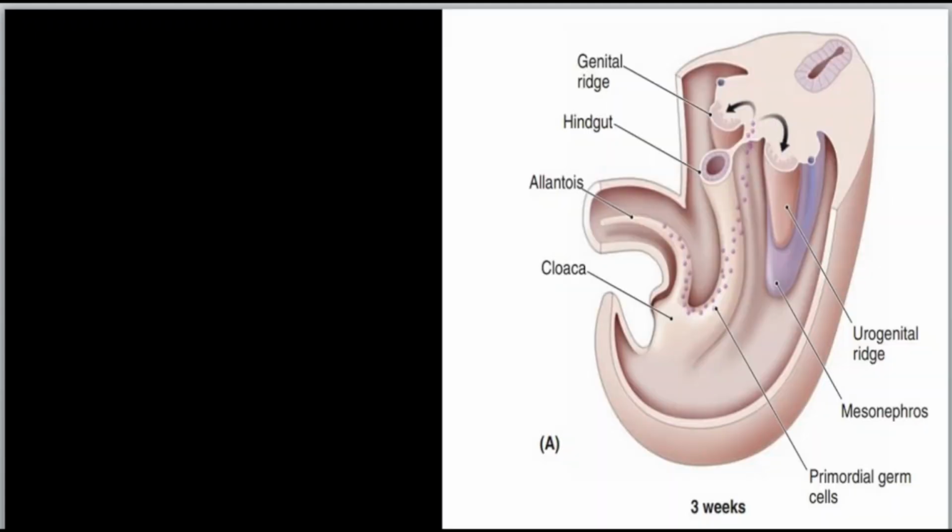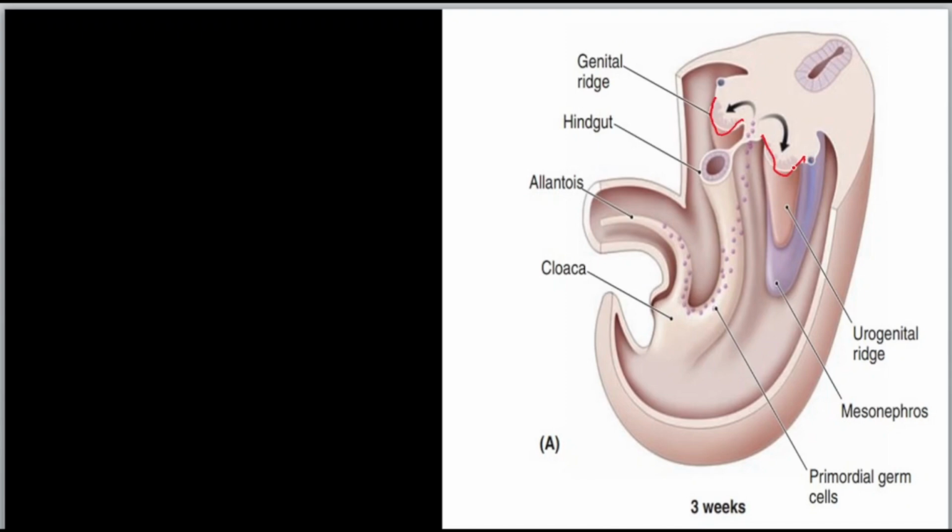Now we'll go through the details about ovary development, or gonad development. This is the structure known as the genital ridge, two in number.